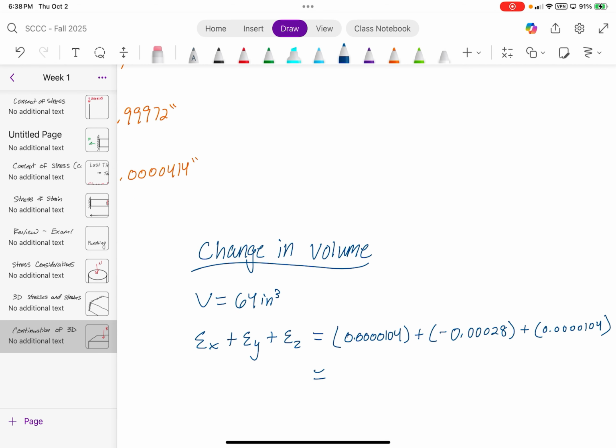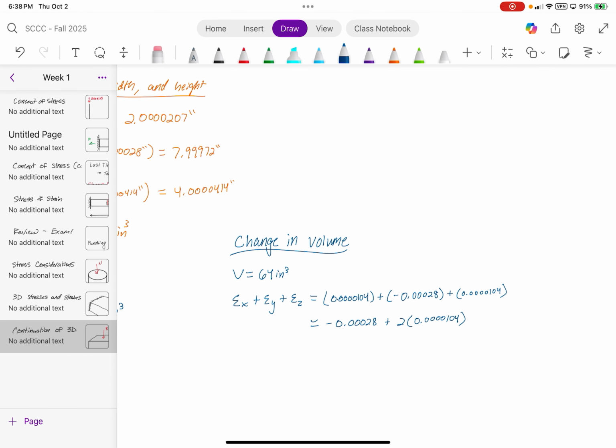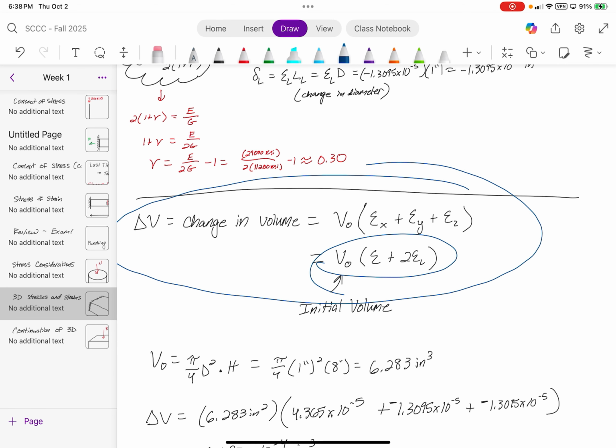This simplifies down to negative 0.00028 plus 2 times 0.0000104, which is the same as that bottom equation down there. You guys see why the lateral strain is being multiplied by 2? It's because the strains in this problem, x and z, are the same, because the lateral strains are direction independent. It doesn't matter which direction they are, the lateral strain is going to be the lateral strain.